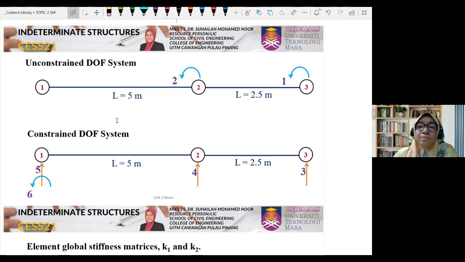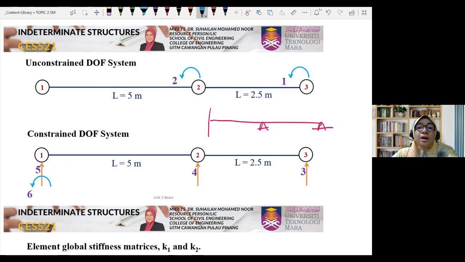So this beam is like this, fixed, pin, pin. Conventionally, previously in solid mechanics, for an indeterminate structure, when we have the beam, we draw the free body diagram and put the direction of the unknown reaction at each support.